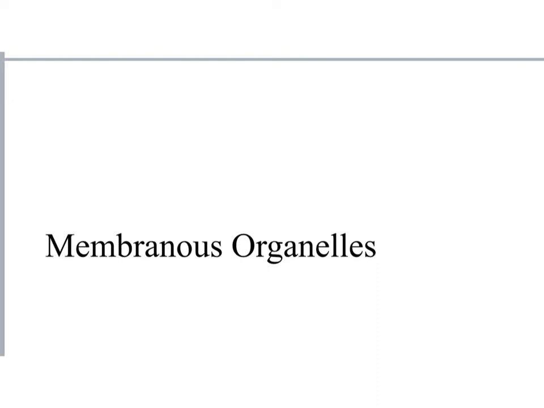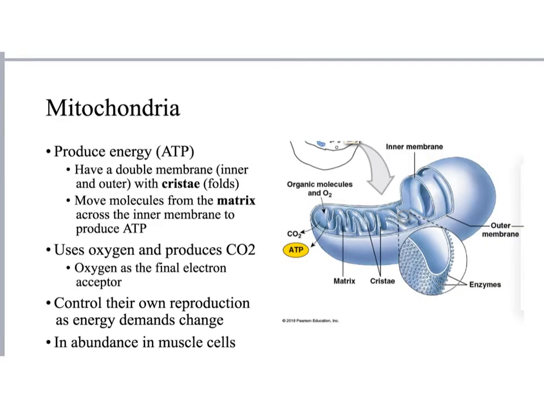So next we'll talk about the membranous organelles. We'll start with mitochondria, which most people are familiar with as the powerhouse of the cell. And we call it that because it literally produces power, energy, that our body needs for all the things that it does. We need ATP, for example, for muscle contraction.